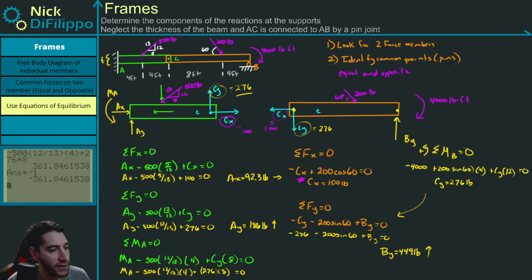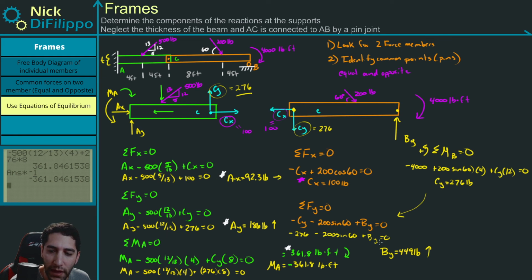We can multiply that by a minus 1 to bring it to the other side, and we get my moment about A is going to be equal to minus 361.8 foot-pounds. This minus sign right here just means that this is actually rotating in the clockwise direction. So this is equal to 361.8 foot-pounds in the clockwise direction. So these are your answers: AX, AY, the moment about A, and BY.